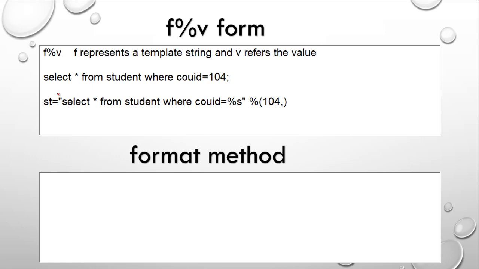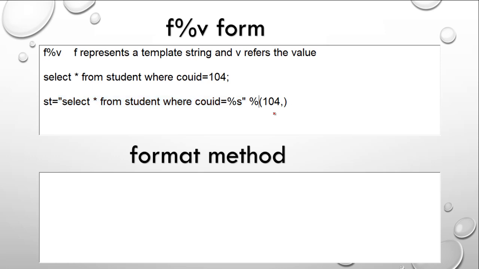If we compare this f percentage v format with this command, we can see that select star from student where course is equal to percentage s is the f value, that is the template string. Then there is a percentage symbol, and after the percentage symbol we have v.